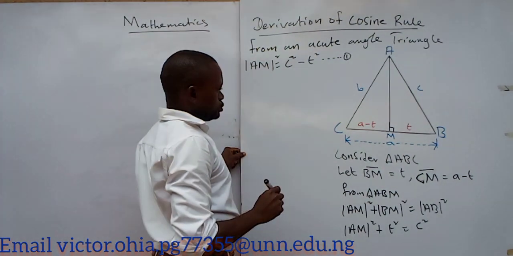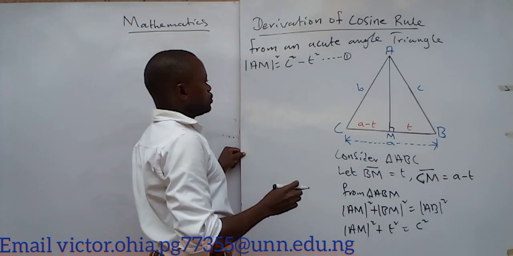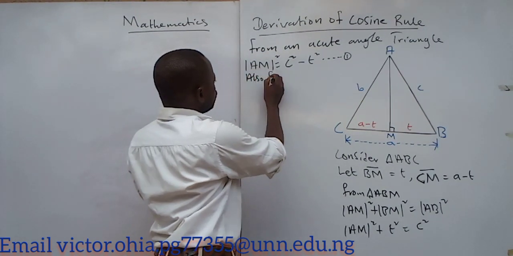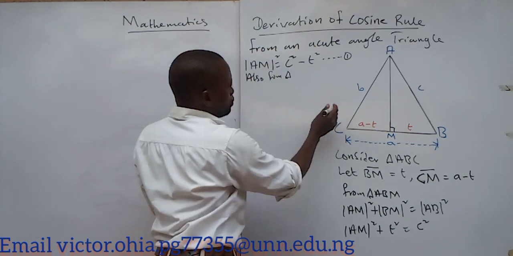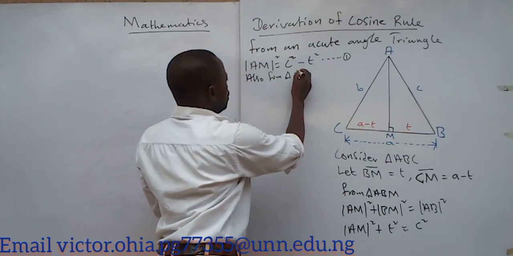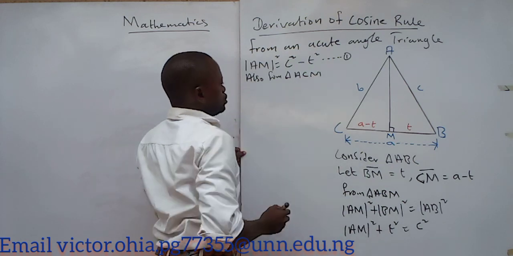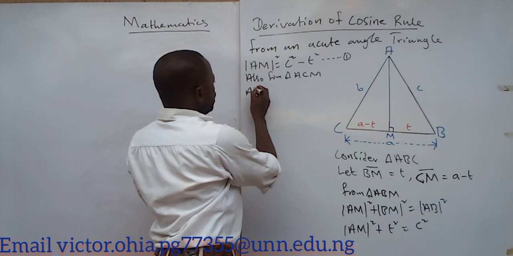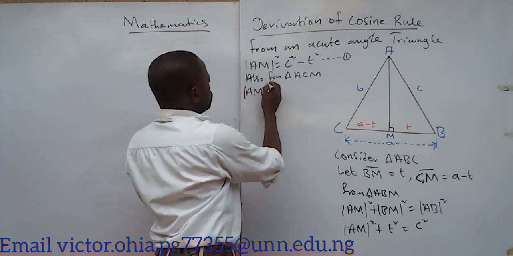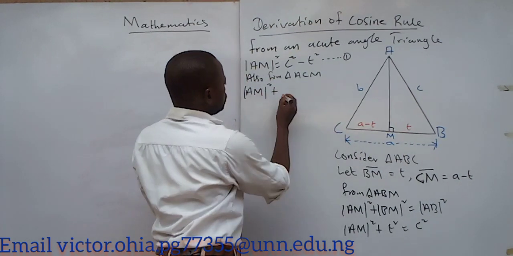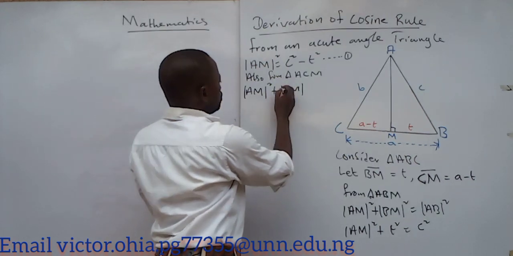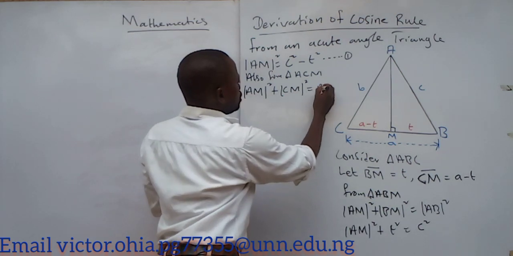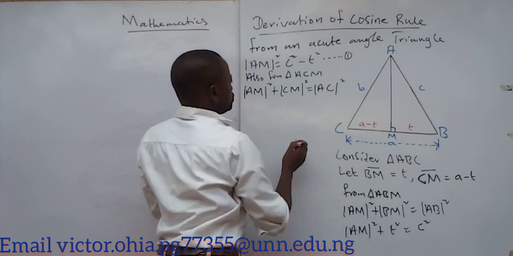All right. Can we come over here and say also from triangle ACM, we do the same thing: opposite squared, that is AM squared, plus adjacent squared, which is CM squared, is equal to the hypotenuse squared, which is AC squared.